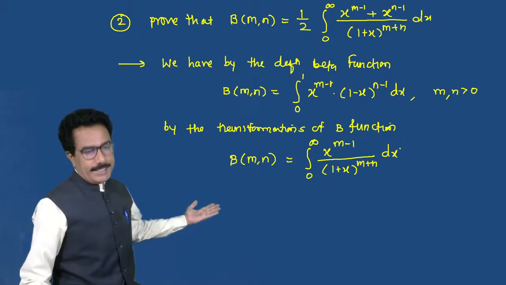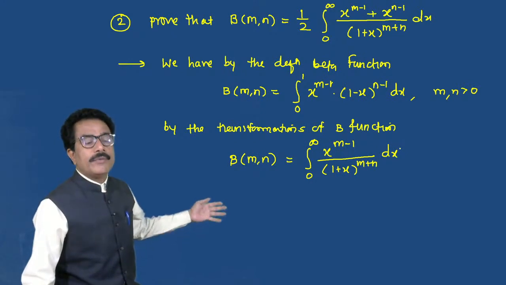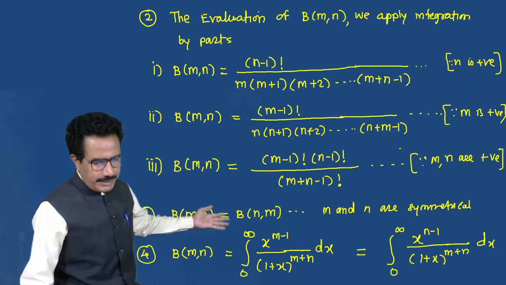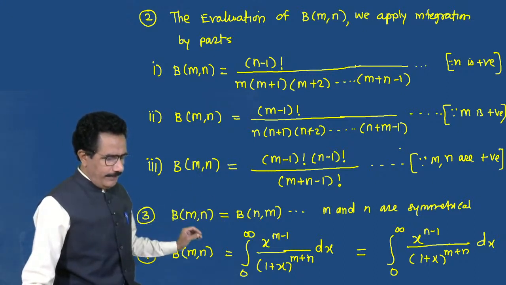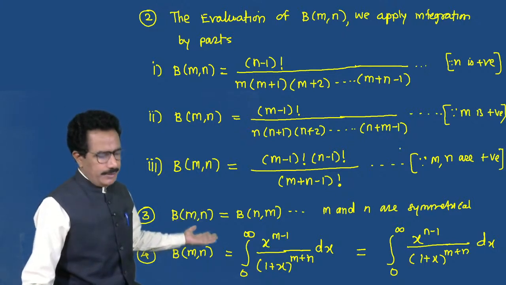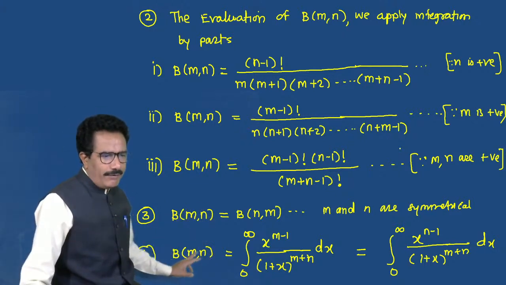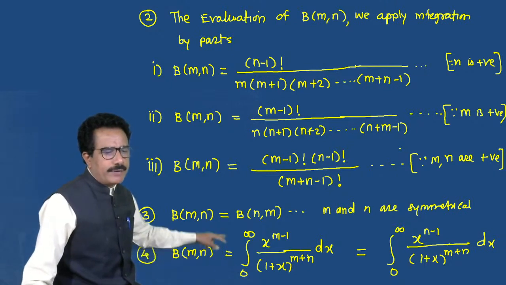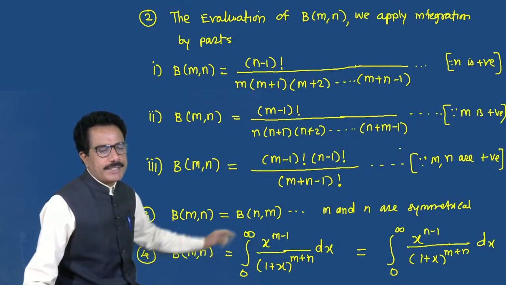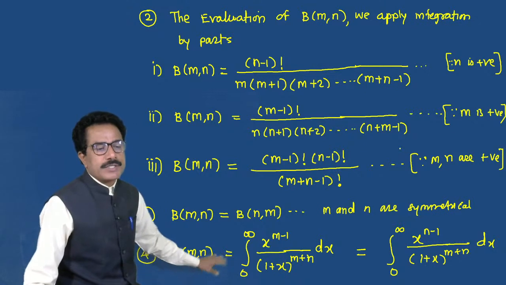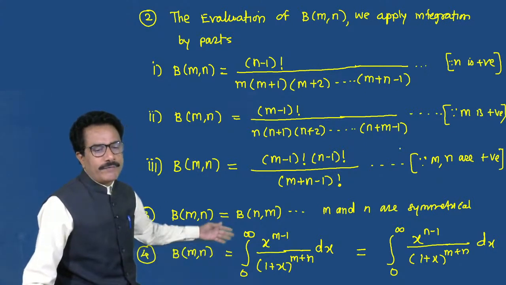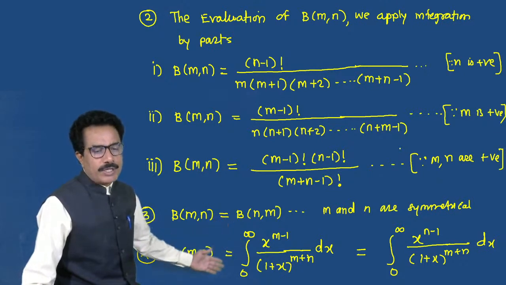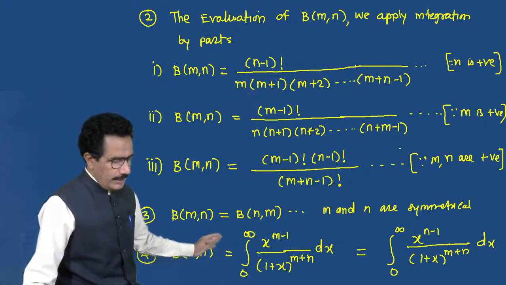But we know that we can interchange m and n in the beta function. So we can write beta of m comma n is equal to the integral from 0 to infinity of x raised to n minus 1 divided by 1 plus x raised to m plus n.